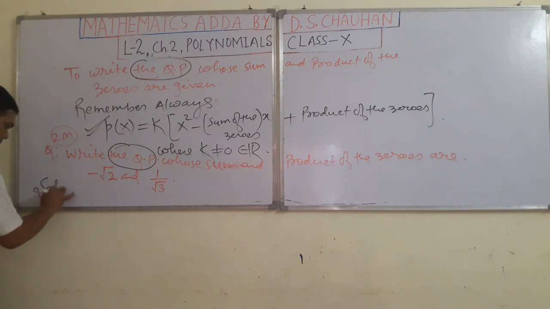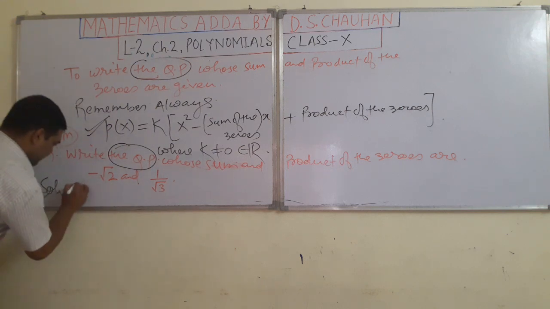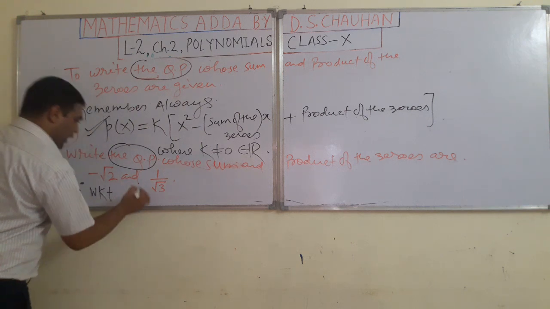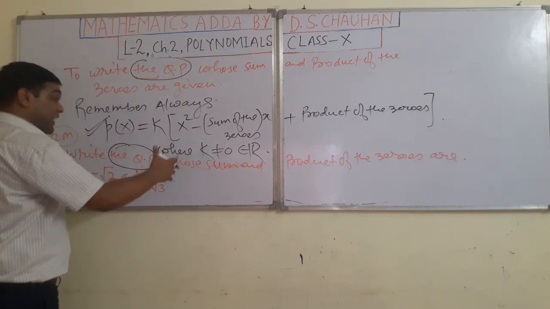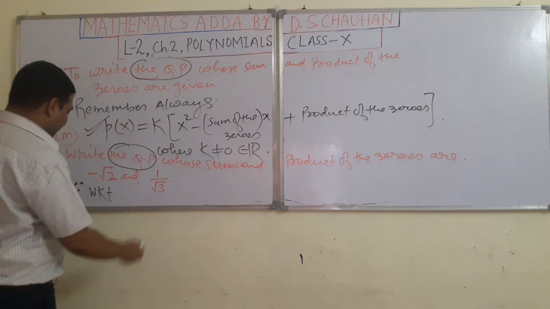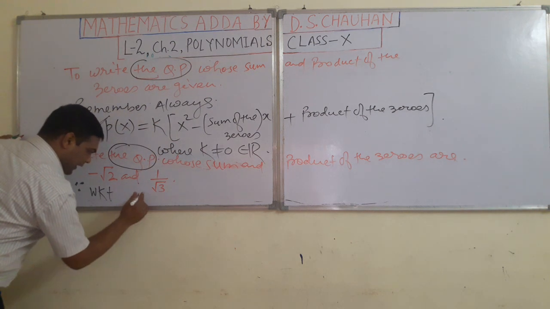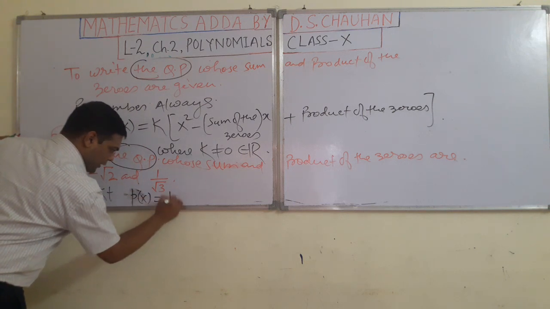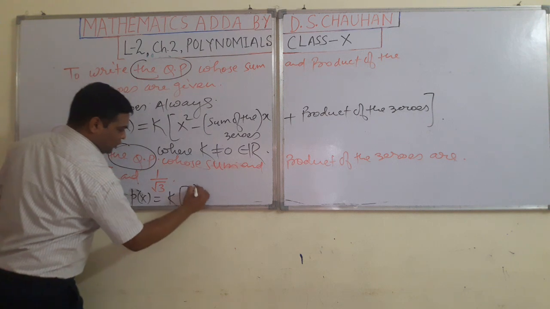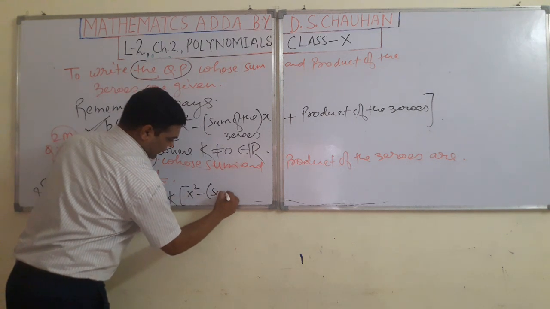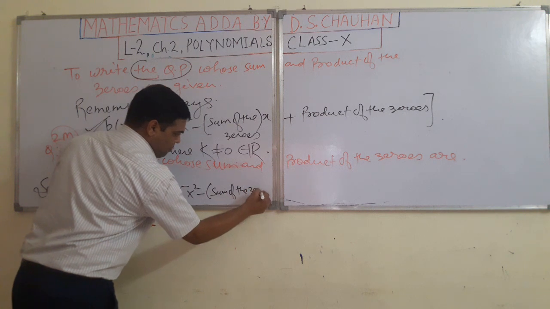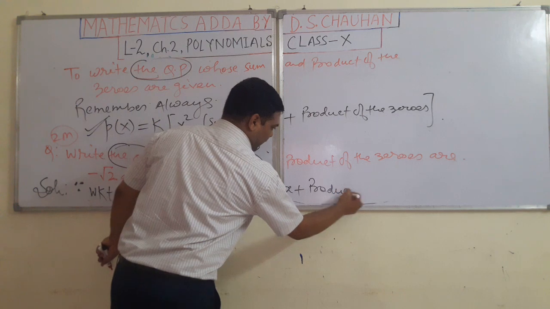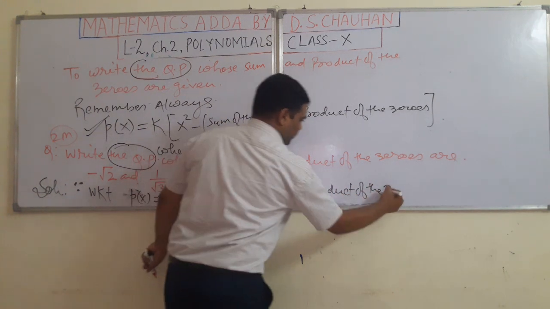Solution: since we know the formula to find a quadratic polynomial whose sum and product of the zeros are given, p(x) equal to k times x square minus sum of the zeros into x plus product of the zeros.